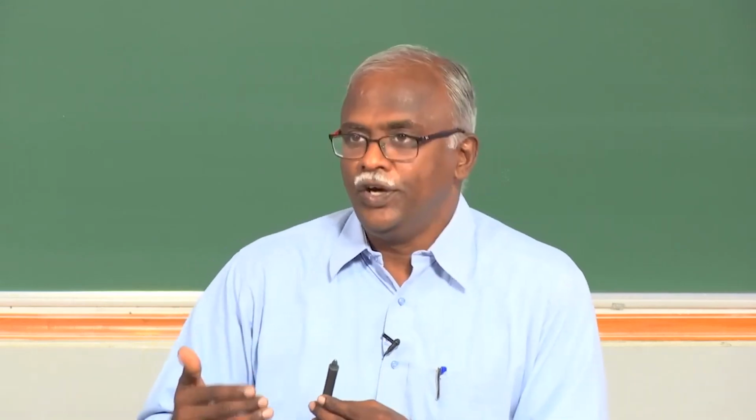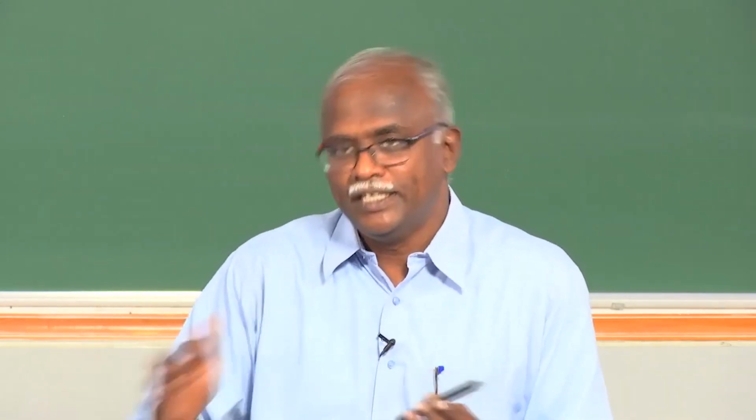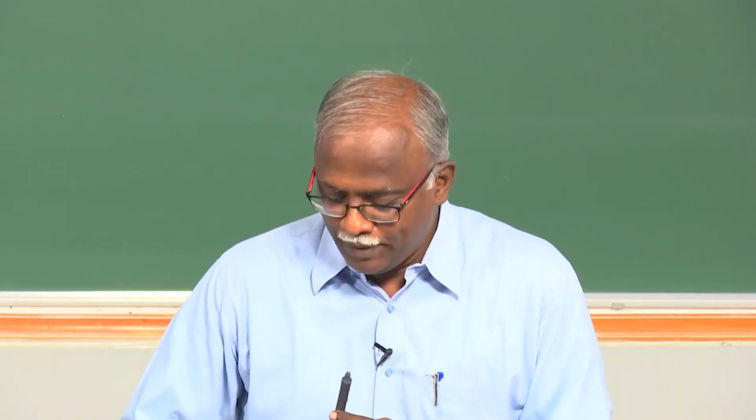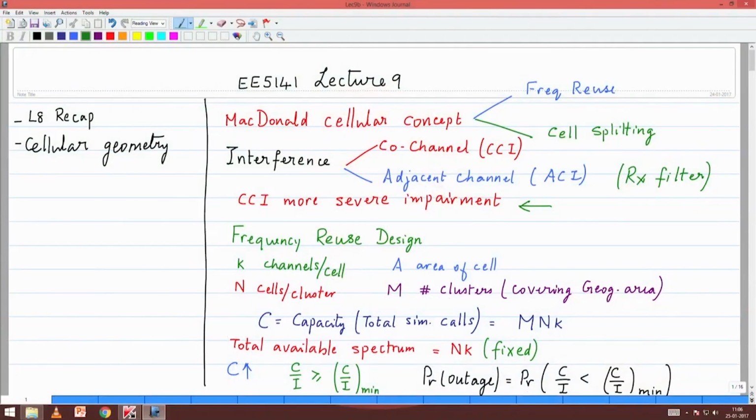Again, I am neglecting noise, so I am not talking about interference plus noise, more or less neglecting noise and saying interference is the dominant part. That more or less says that the C over I that I experience for my desired user should never go below a threshold, C over I min. I should always make sure that is satisfied, and that's the condition given to us on the left. C over I, what I design with the appropriate margins, should always be greater than C over I min.